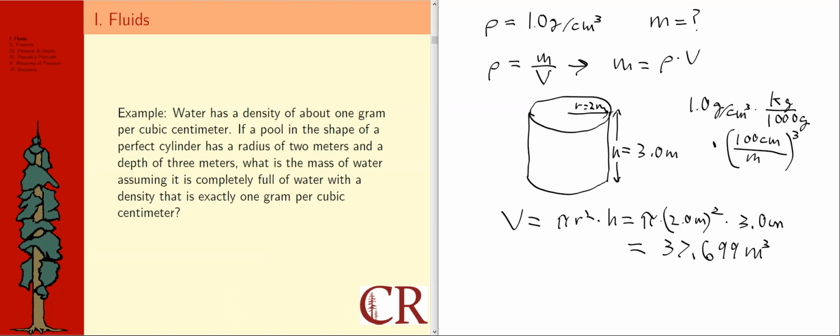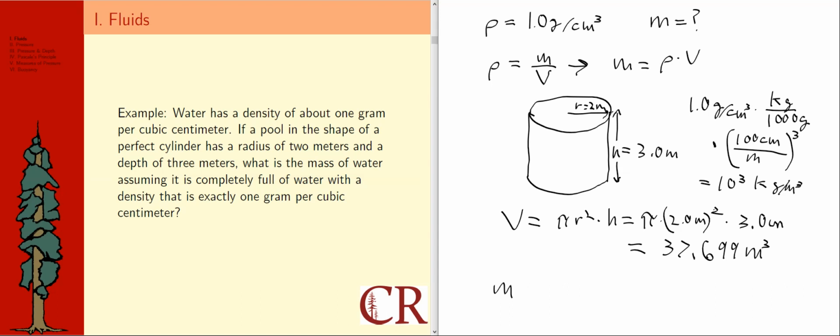100 cubed is 10 to the 2 cubed, which is 10 to the 6, divided by 10 to the 3. So this is just equal to 10 to the 3, which is 1,000 kilograms per meter cubed.